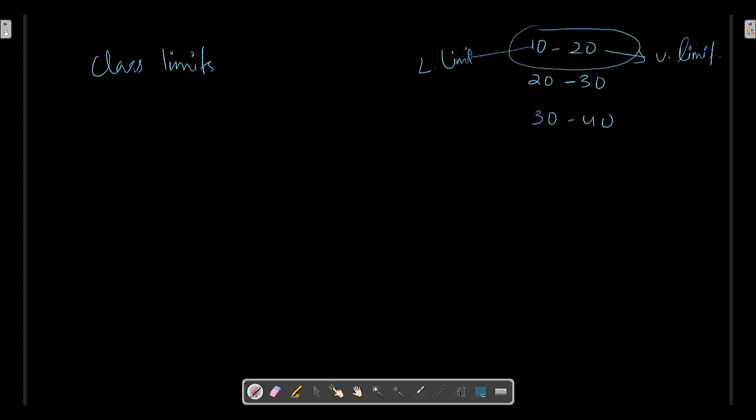Now, class interval is the difference between the upper limit and the lower limit. So 20 minus 10 is 10. Our class interval is 10.